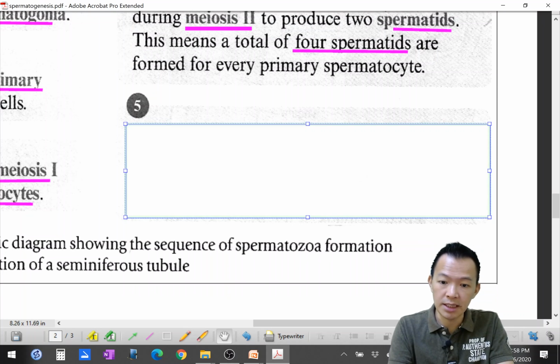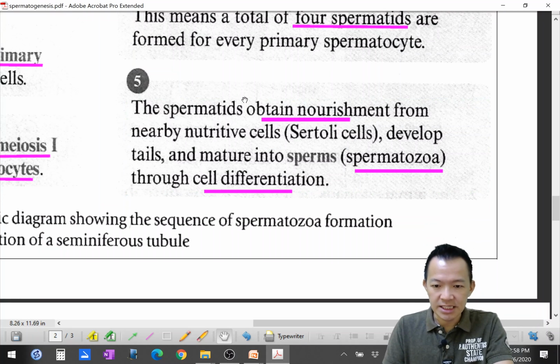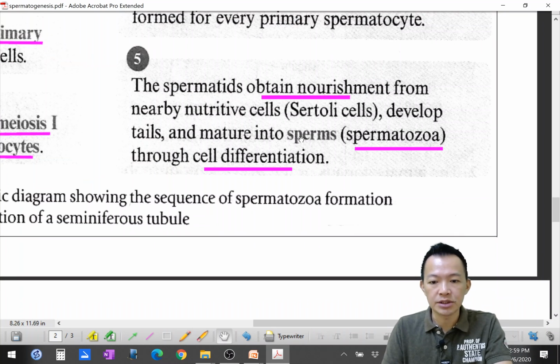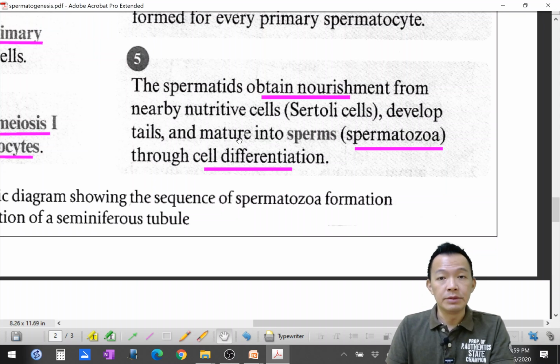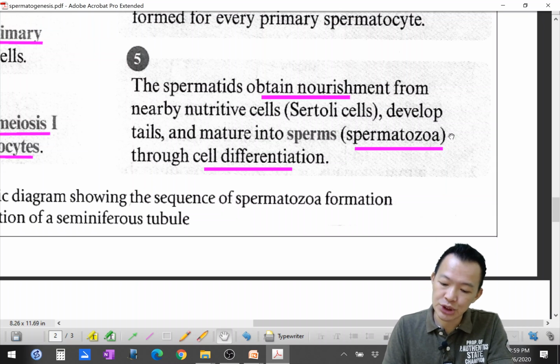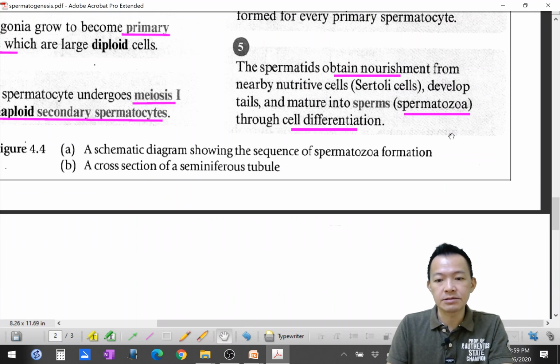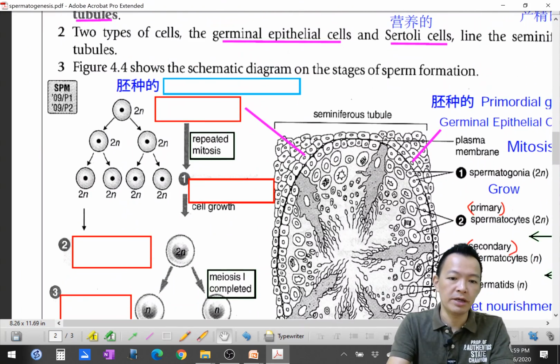So the spermatids obtain nourishment from the nearby nutritive cell called the satellite cell, develop tails and mature into sperm called spermatozoa through cell differentiation. This is the sentence part. But besides the sentence, we still have another part for you to repeat many times.